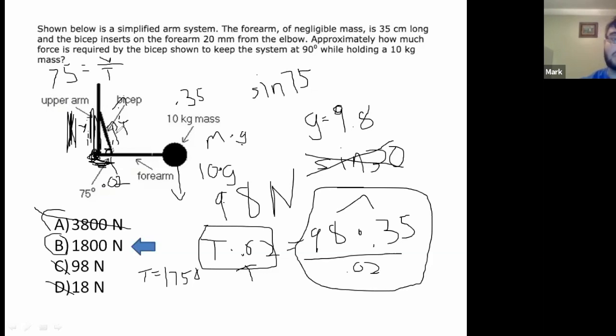We set them equal to each other. If we want to isolate the tension, we divide both sides by 0.2. So we do force times distance to get the torque, and then we divide that by the distance of this to isolate this force.